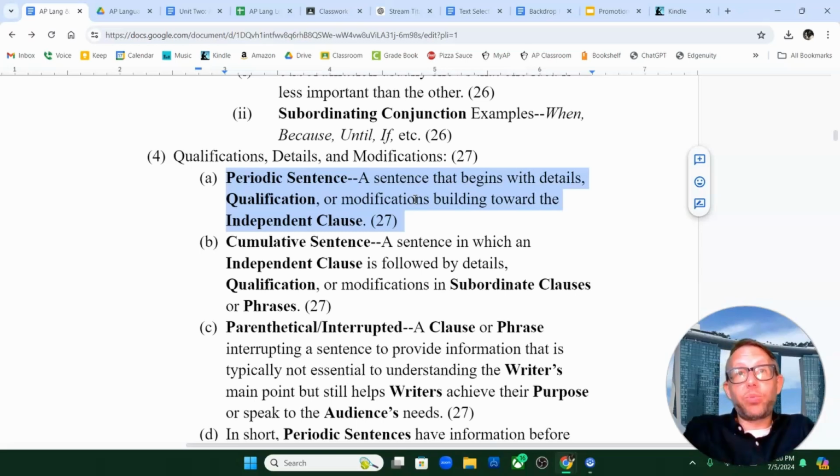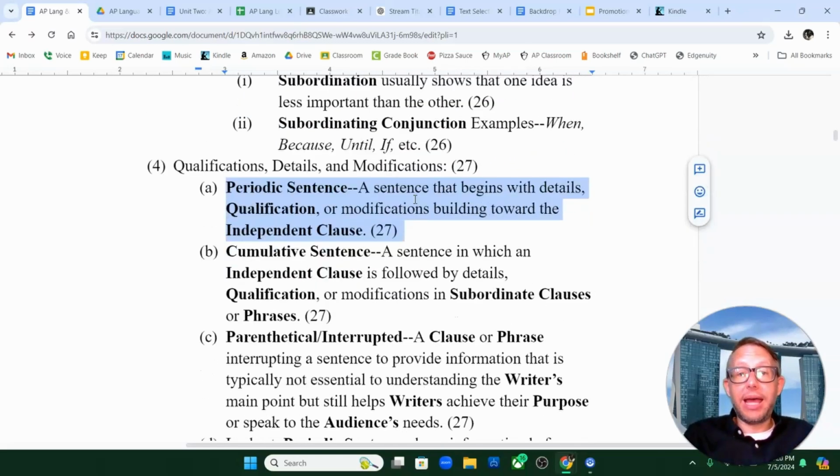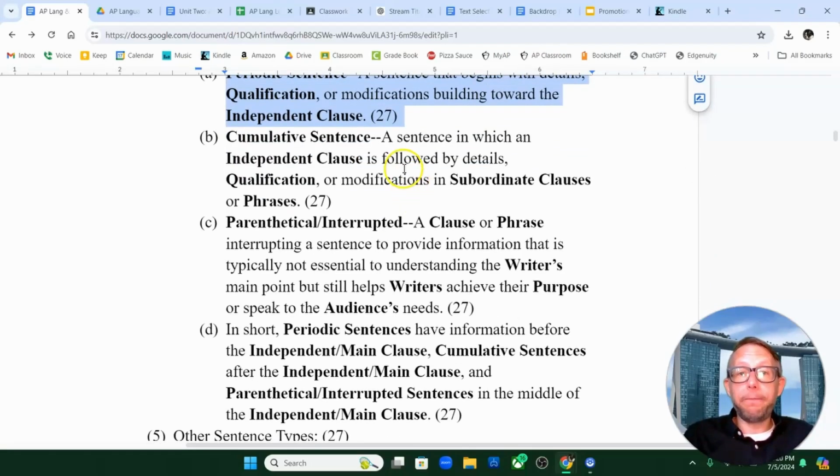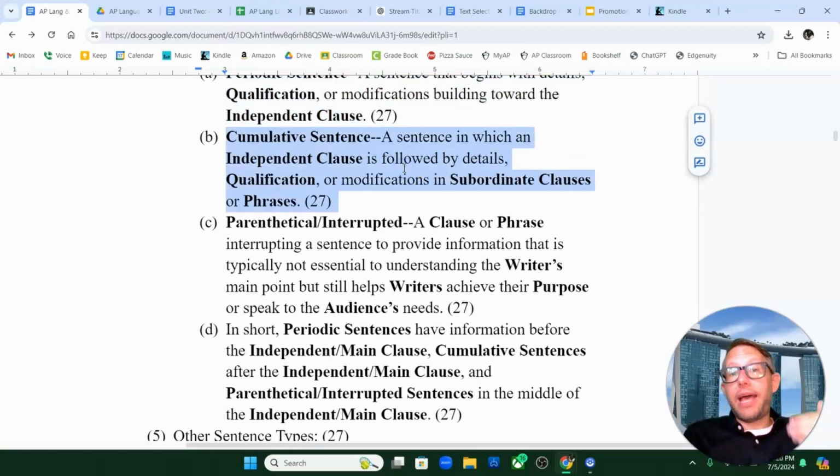So that's one of those options you've got at your disposal. That's also one of those things where you want to make sure that you can be on the lookout if you're doing a rhetorical analysis and that author has a tendency to do something like that in meaningful situations, okay? The cumulative sentence, then, is really just the polar opposite of that. It's a sentence in which the independent clause is followed by the details, qualification, or modifications in subordinate clauses or phrases.